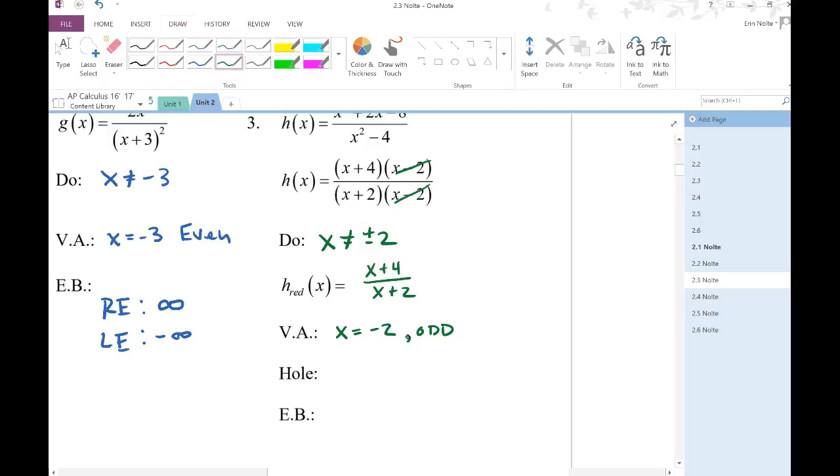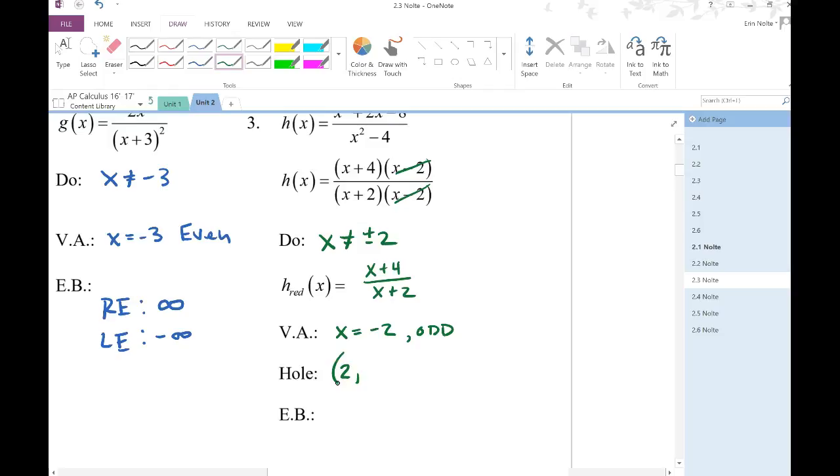Okay, hole. Where? Close. Positive 2, right? So 2 came from what we canceled out. We have a hole at the x value 2, but we can find its corresponding y value.